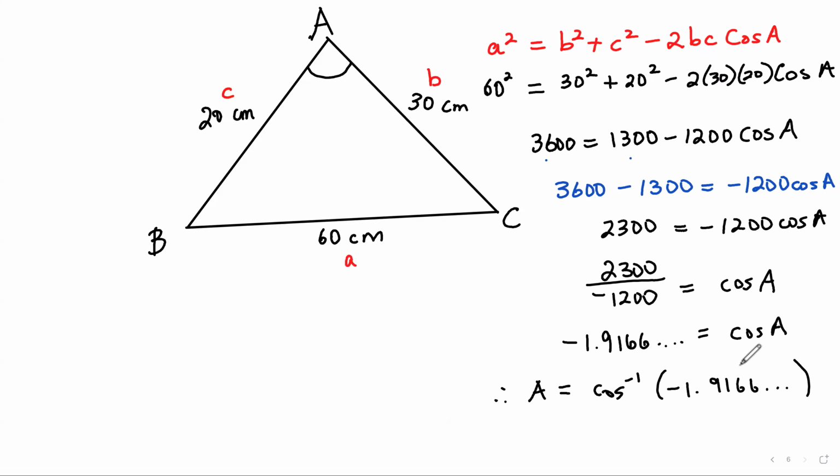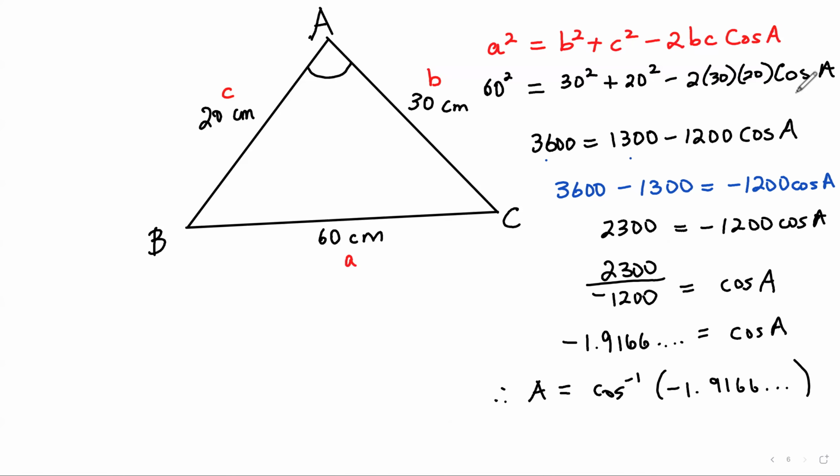Let's see what the mistake could be. Checking it over. A squared is 60 squared, B squared is 30 squared, C squared is 20 squared, minus 2 times 30 times 20, that's cos A. So 60 squared is equal to 3,600. 30 squared plus 20 squared is 1,300, right?